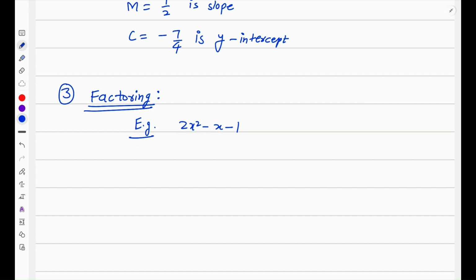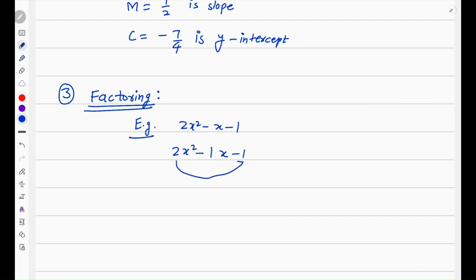First we have to change it so the single power term is written like 2x squared minus 1x minus 1. So here we have the 1 with the minus sign and here we have the 2.